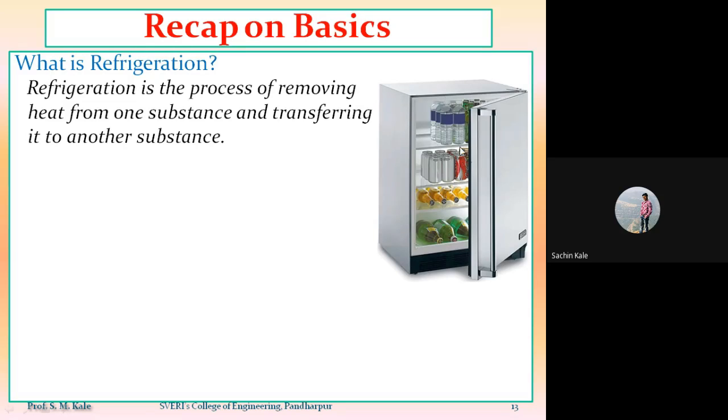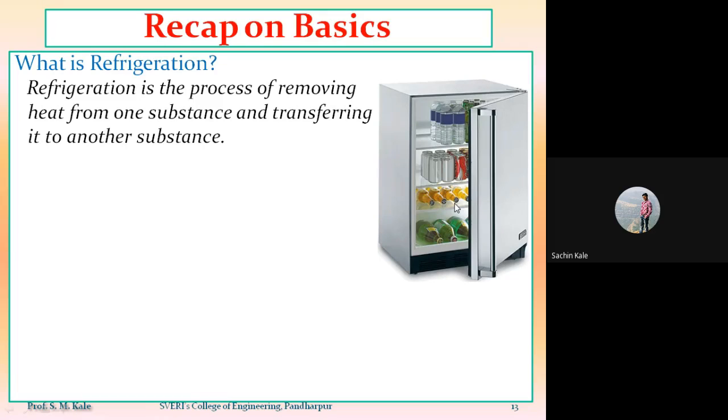Initially all the cold drinks will have internal heat. Whenever we keep these cold drinks, vegetables or various substances inside the fridge, whatever heat is present inside these substances will be absorbed by the refrigerant, and that heat will be rejected to the surrounding.